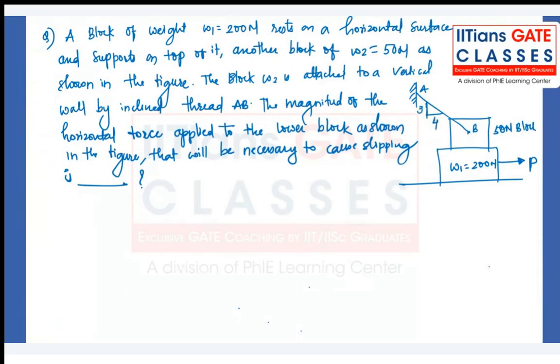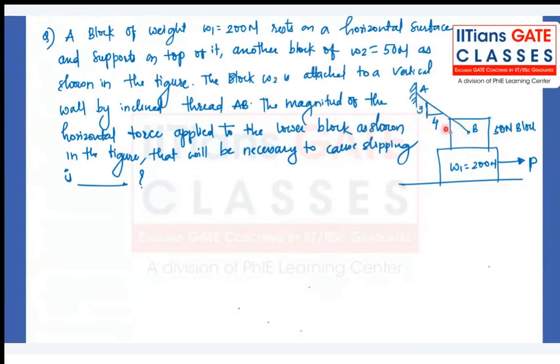Is this question clear to you? I'll repeat. A block of weight W1, that is 200 Newton, is resting on a horizontal surface and also supports on top of it another block which is of 50 Newton, as shown in this figure. And here the block W2, 50 Newton, is attached to a vertical wall by an inclined thread AB, which is making this slope with respect to horizontal.